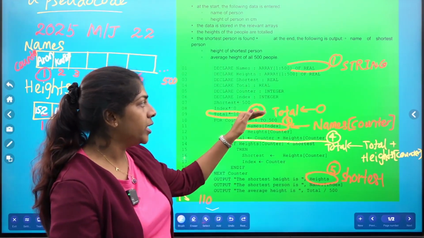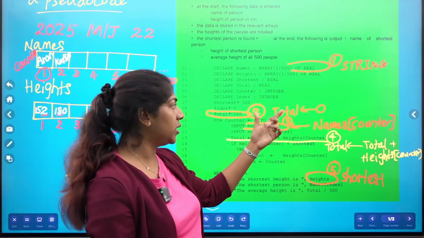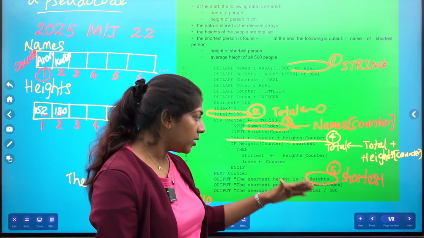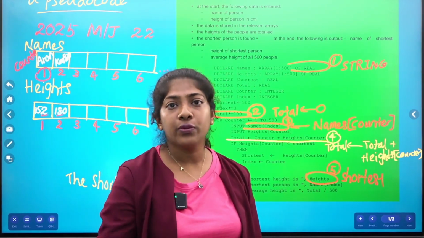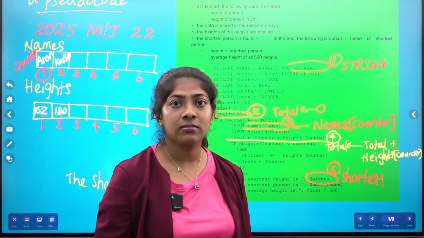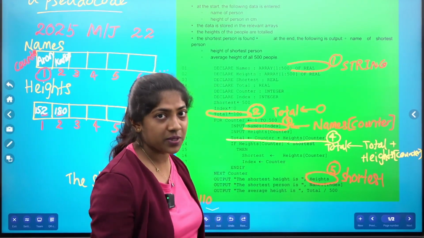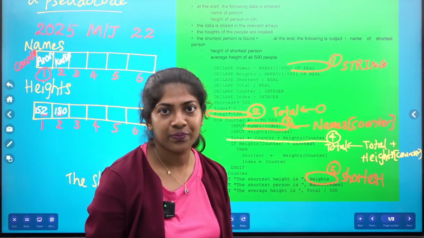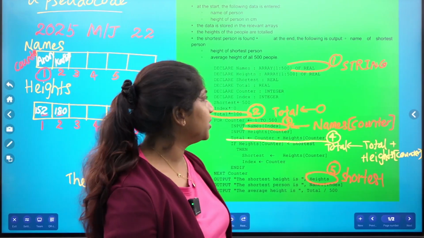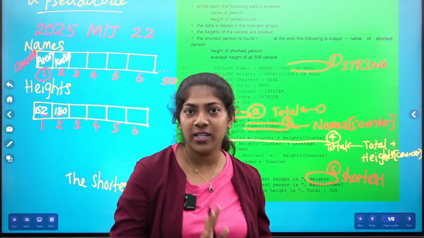We have already found the total of the array. Then average equals total divided by the number of items. So total divided by 500. We have encountered all 5 errors, and this is very easy.